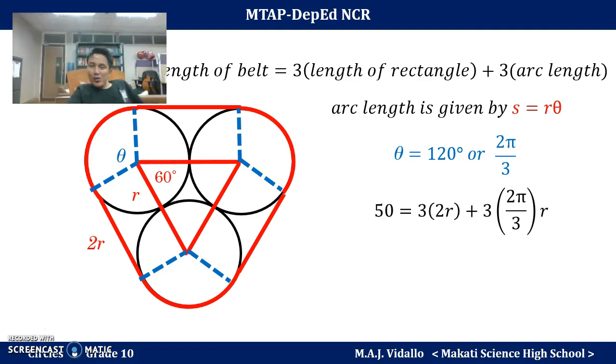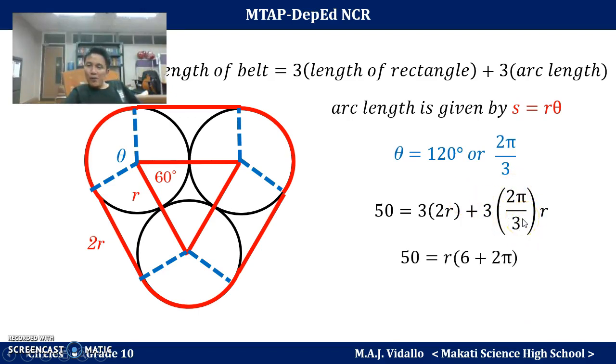So the length of the belt is 50, which is equal to thrice the side of the rectangle, which is 2r, plus 3 times the arc length. And our arc length, again, is the product of the radius and the central angle theta in radians, which is 2 pi over 3. We can easily cancel this one.